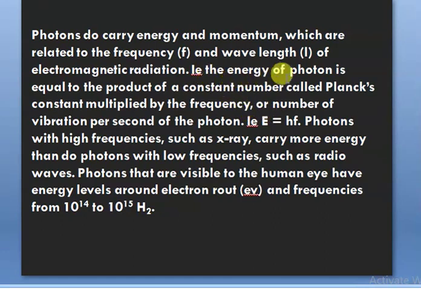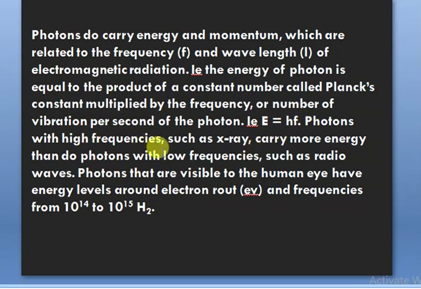Now we said that the energy of a photon is equal to the product of a constant number called Planck's constant, h, multiplied by the frequency, or number of vibrations per second of the photon, f. Frequency is measured in hertz.